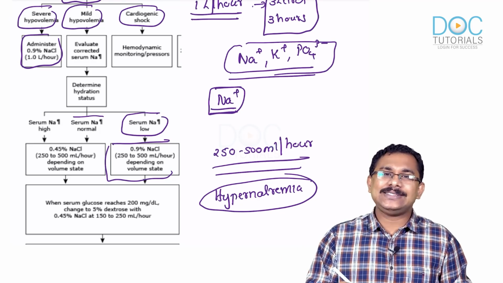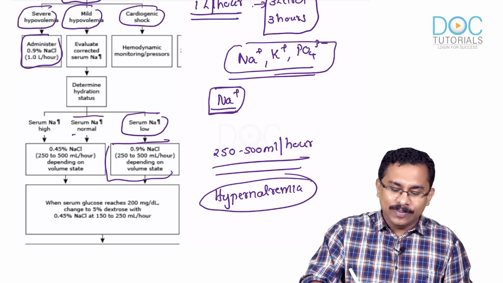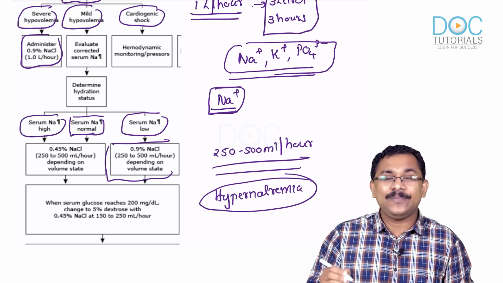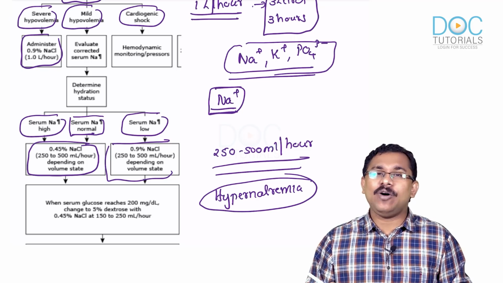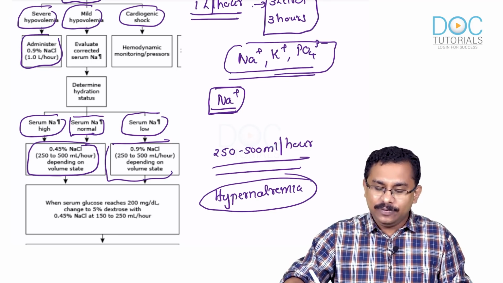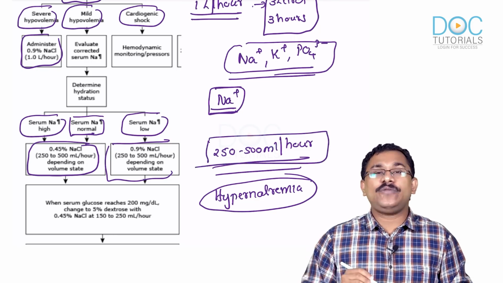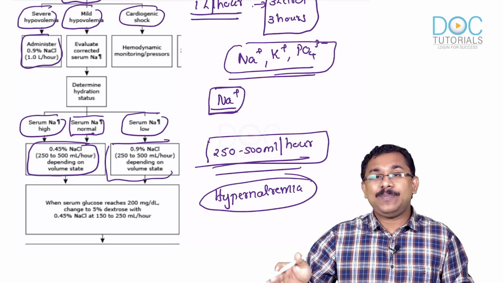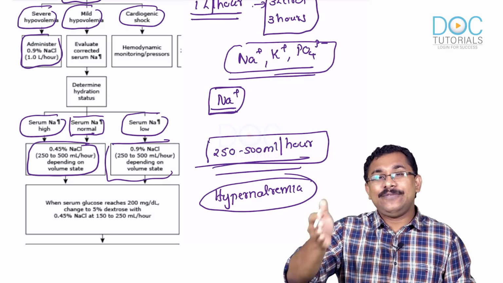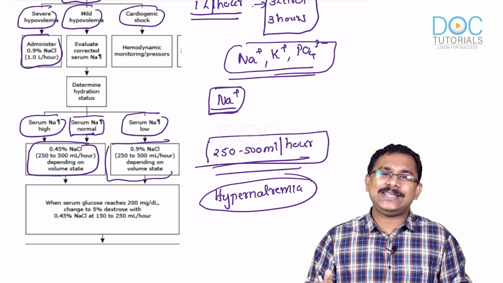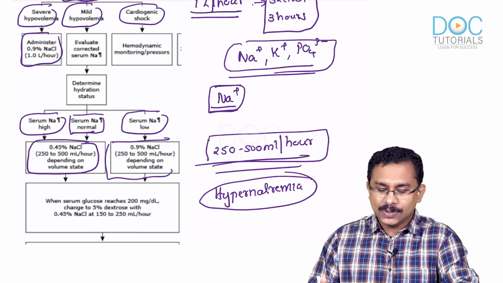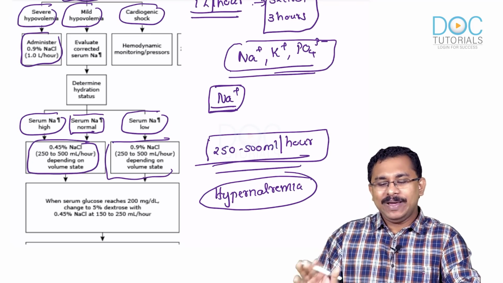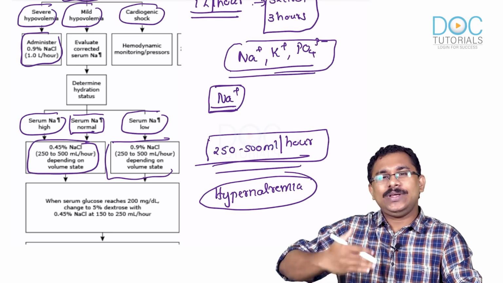In that case, if the sodium has either normalized or is high, you will change your fluid to half normal saline. Yes, the infusion rate will be the same, 250 to 500 ml per hour, but the vehicle will be half normal saline so as to prevent hypernatremia. Okay, all right. So remember, you then continue the infusion.